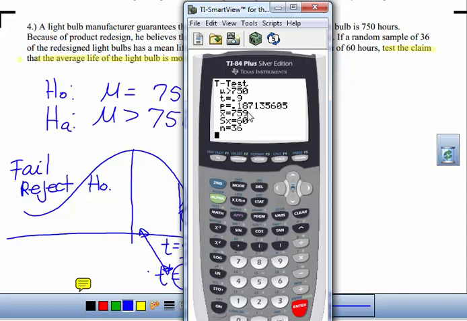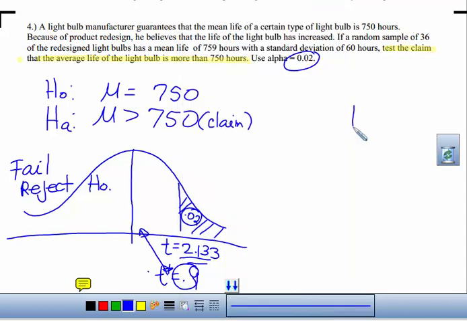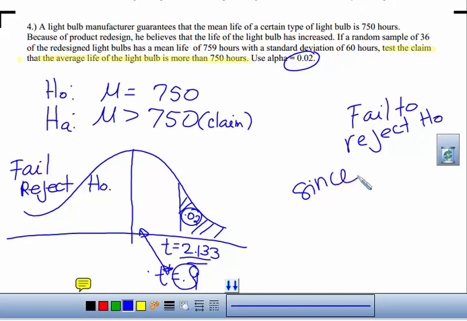So still, we fail to reject the null hypothesis since p is greater than alpha. Okay, our p-value I think was 0.18. Our alpha value is 0.02. So our sample data is not unusual under this assumption. We failed to reject the null hypothesis.